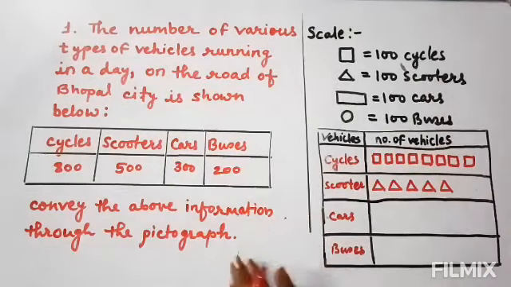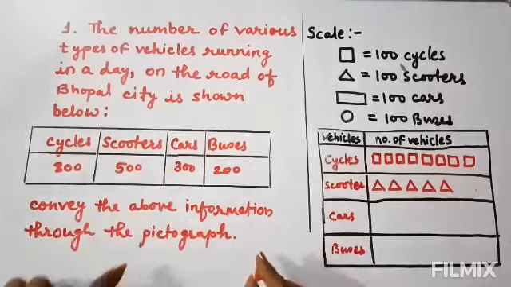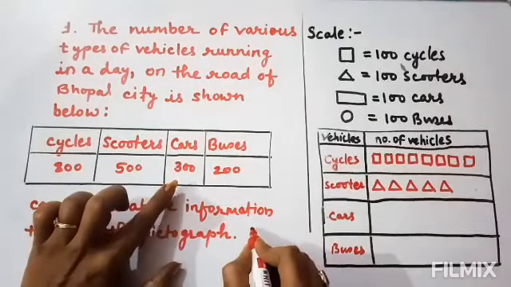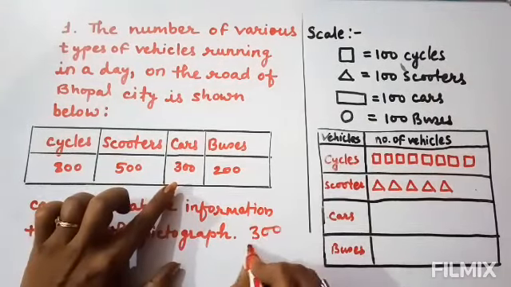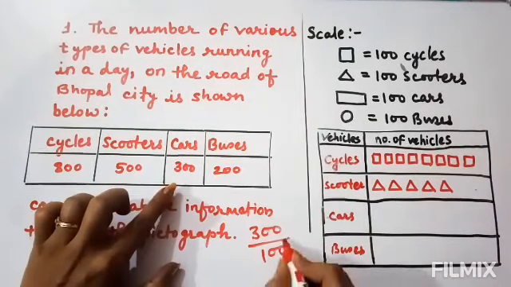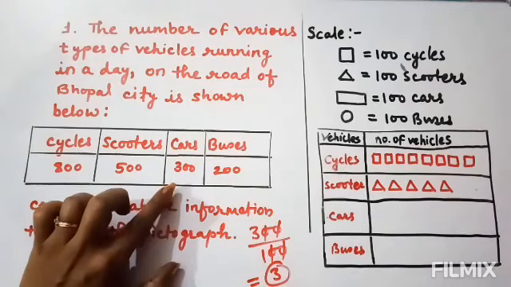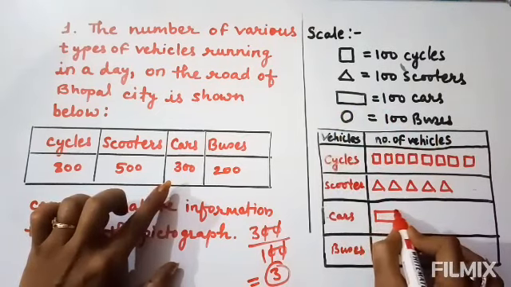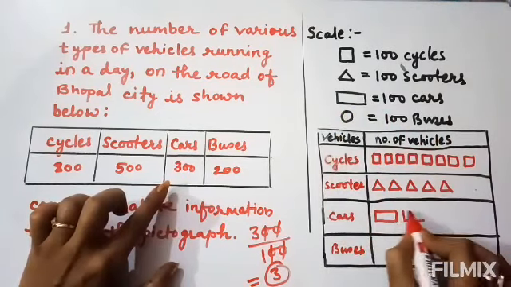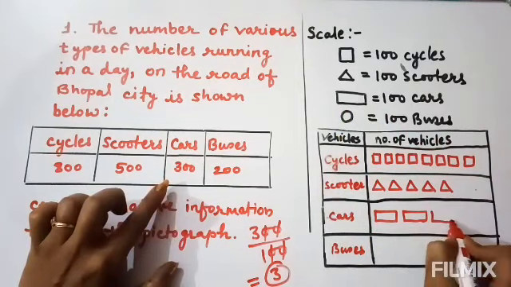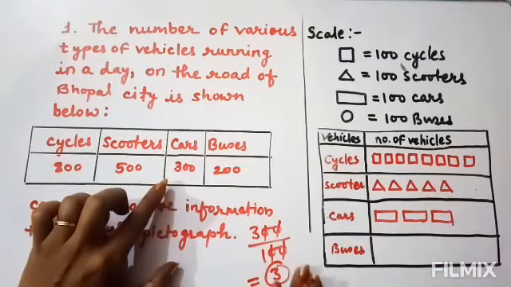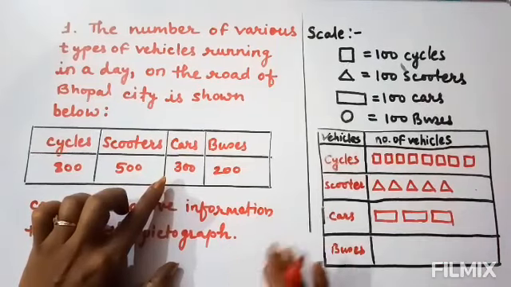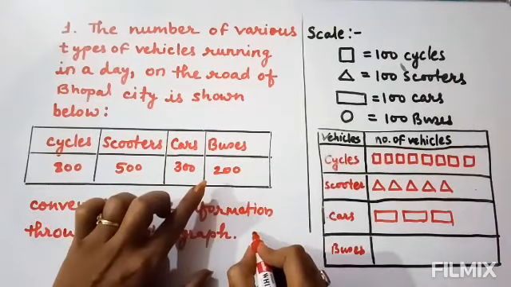Do the same for the third one, which is cars. How many cars are running in a day? 300, and the scale is 100. 0 will divide by 0 and we get 3. It means we will draw 3 rectangles: 1, 2, 3.